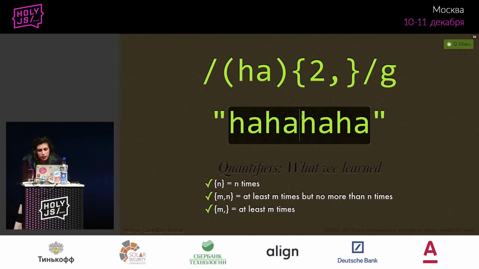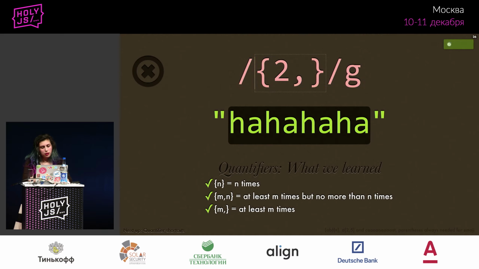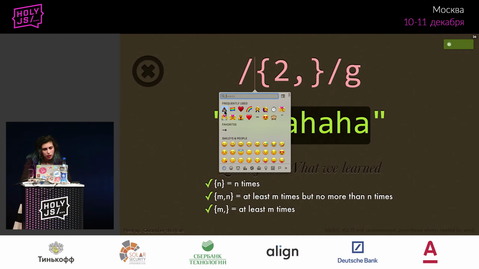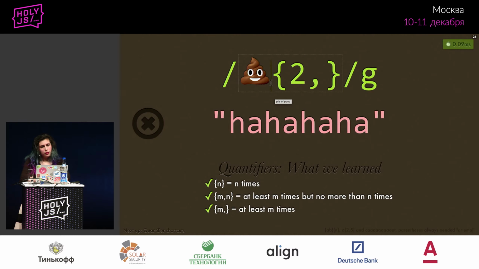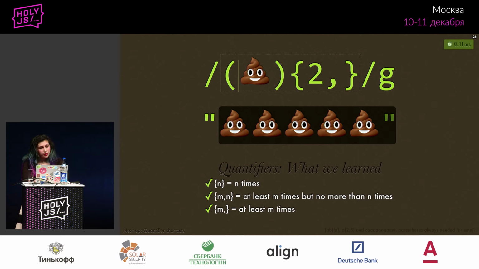And then it does work. Also, note that if I want to match an emoji, and let's copy it here, notice that it doesn't match because it considers it 2 characters, so I have to do the same thing. I have to use parentheses again. Now it works.